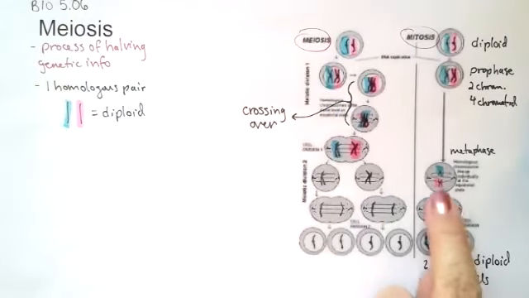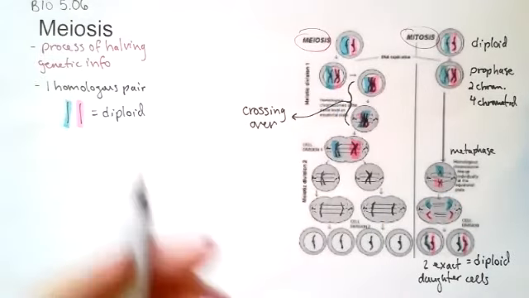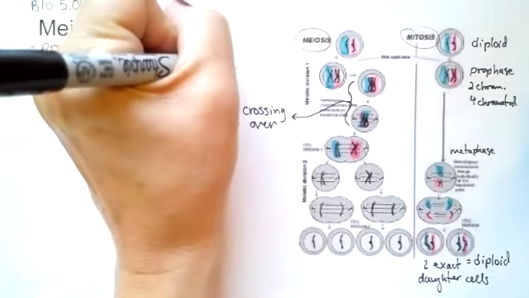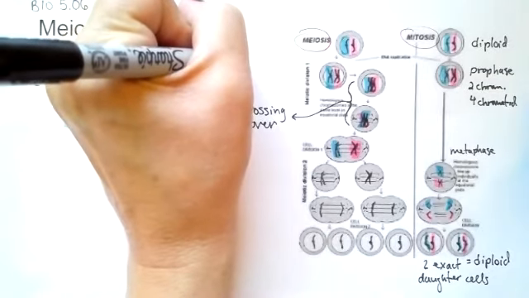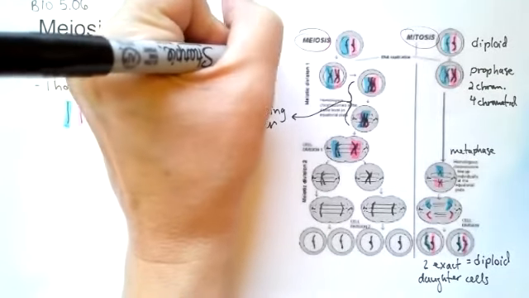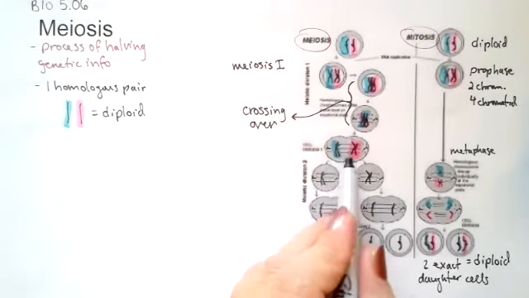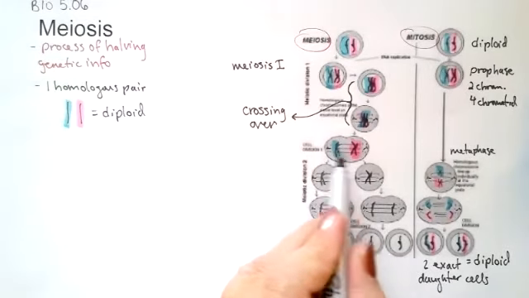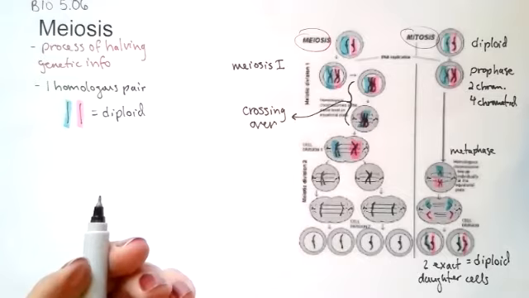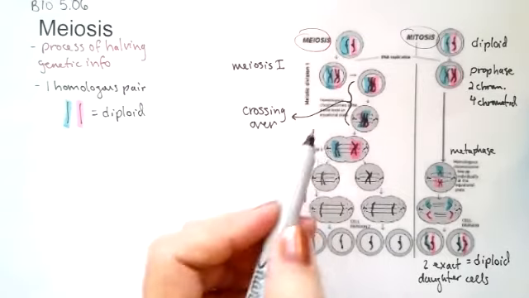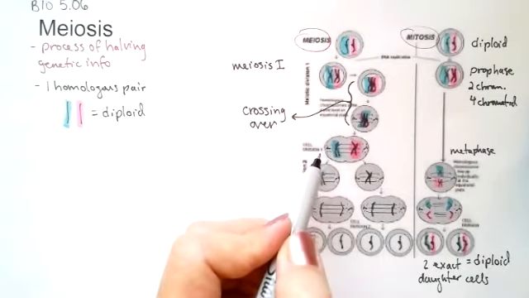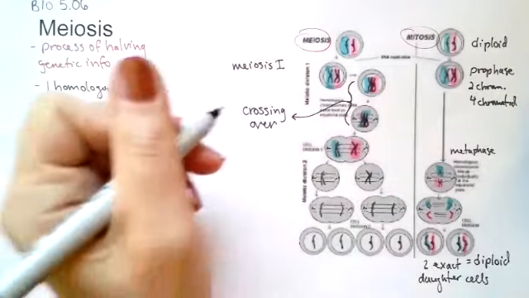Instead of lining up in the middle, we go through 2 divisions. The first division is called meiosis 1. We use the Roman numeral 1. And for the metaphase of meiosis 1, they line up side by side.